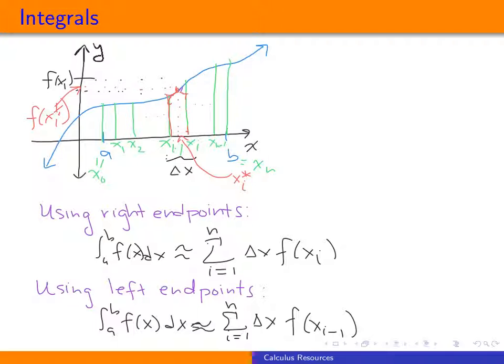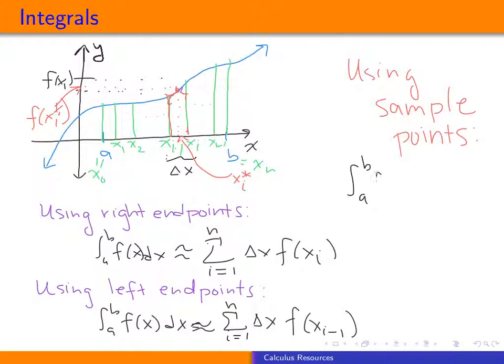And that's what we've used for the height. So using any sample point, and you could use the left endpoint or the right endpoint or anything in between, we can see that the integral from a to b, so again that exact area under f of x between a and b, will be approximately equal to the sum i equals 1 to n of delta x times f of x sub i star.